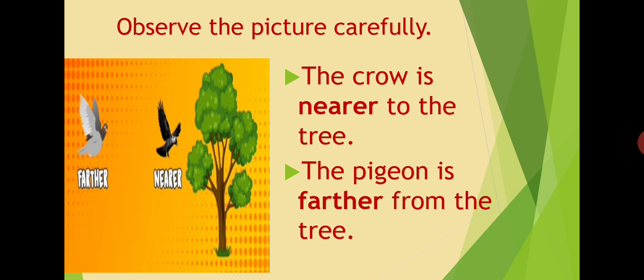The crow is nearer to the tree and the pigeon is farther from the tree. Crow tree ke paas hai, so the position is nearer. Aur pigeon tree se door hai, toh the position of pigeon is farther. So in this slide, we can see the position of a crow and a pigeon.